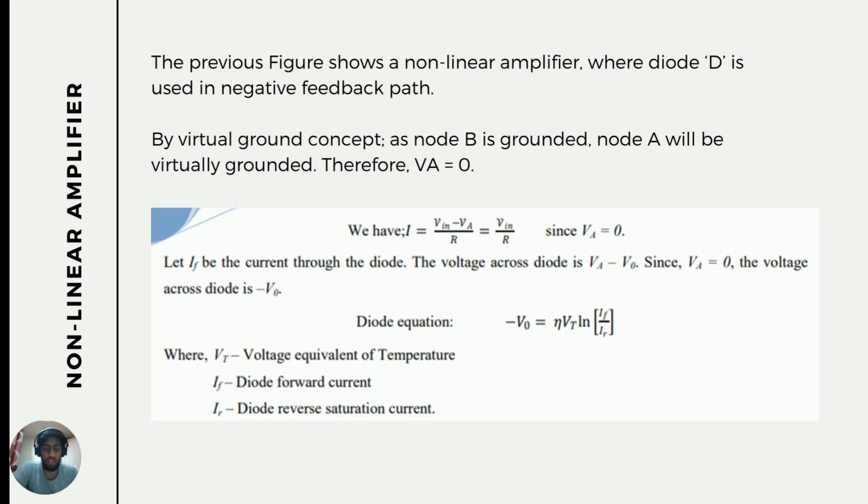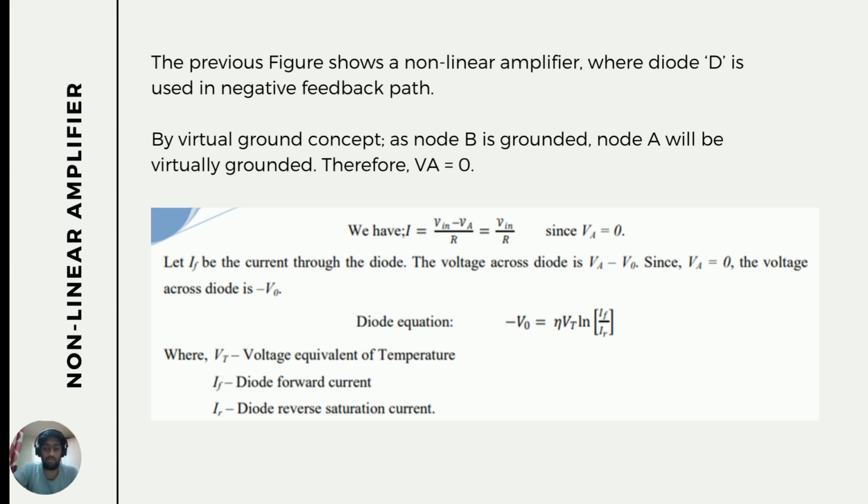Therefore, the voltage at node A is equal to zero, as the voltage at node B is also zero. So we have the total current equals input voltage minus the voltage at node A. As the voltage at node A is zero due to the previous reason, the total current will be V input by R.